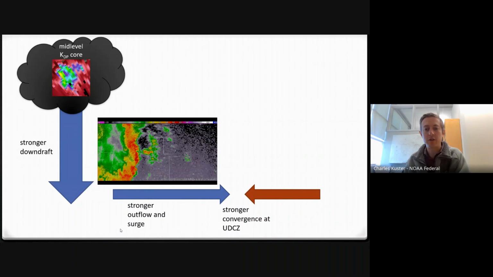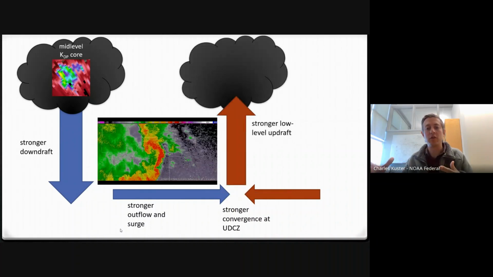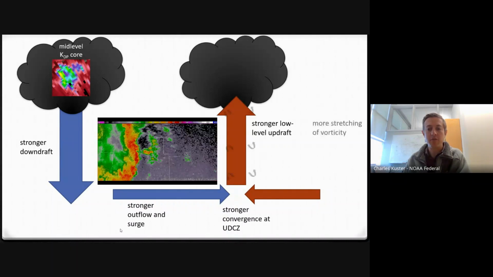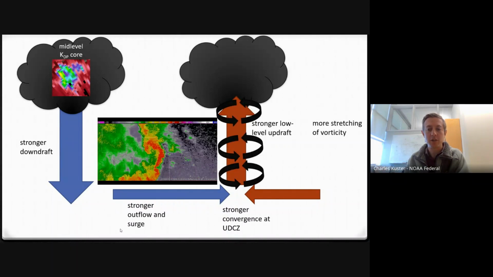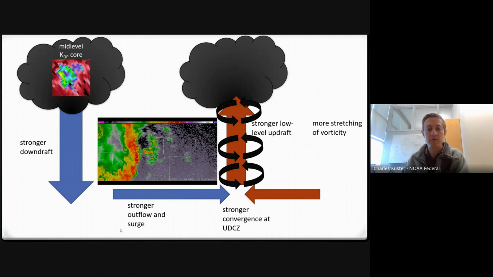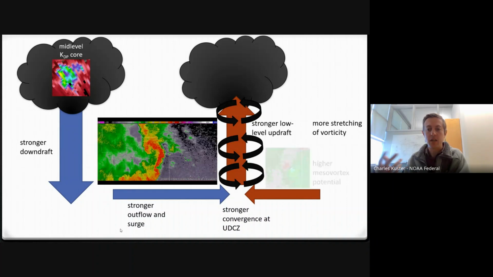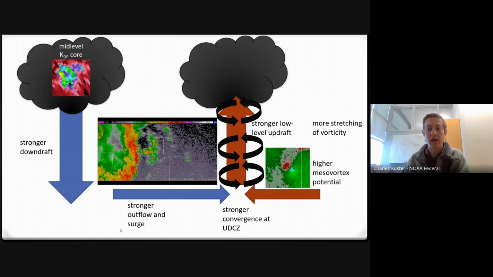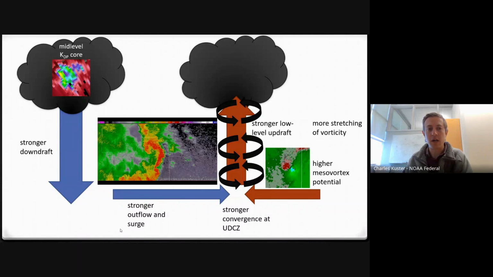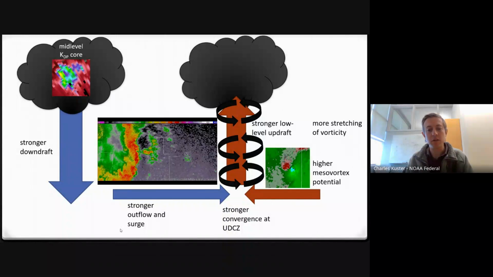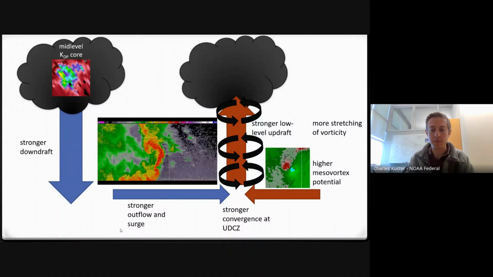Where you have that stronger convergence, you can then have a stronger low-level updraft. That stronger low-level updraft can then cause more stretching of existing vertical vorticity, and therefore you have, in theory, a higher mesovortex potential. So this is the conceptual model behind these KDP cores and why we looked at them in the first place.